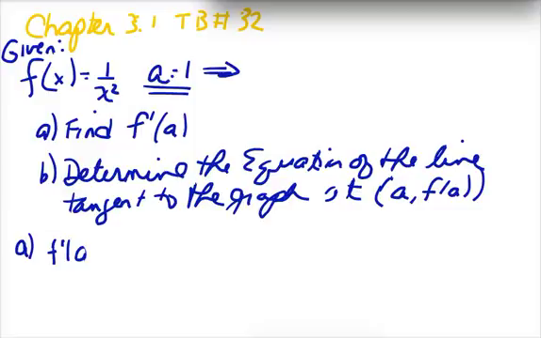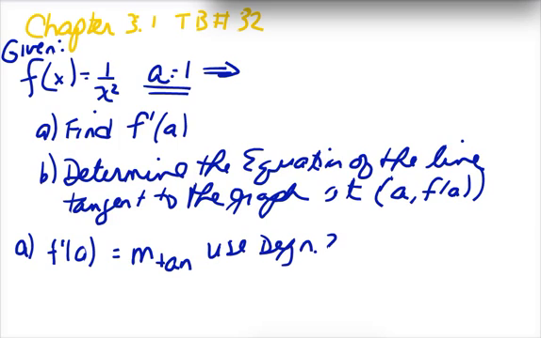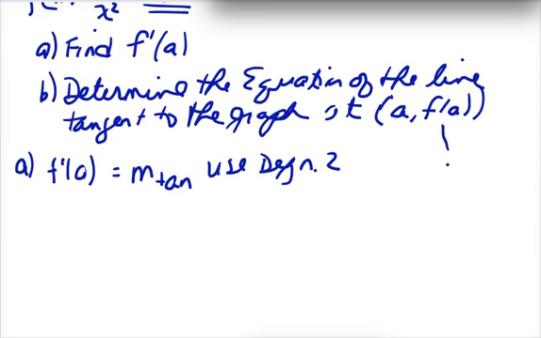So f of a prime is what you were asked to find, which is the same thing as the slope of the tangent line, which we're going to find using definition 2.